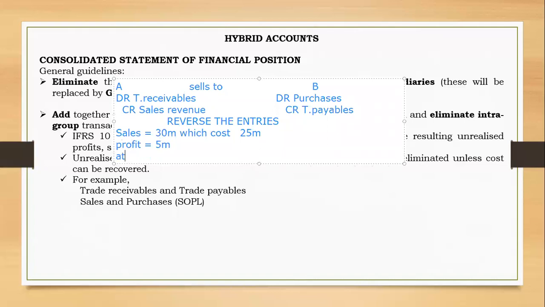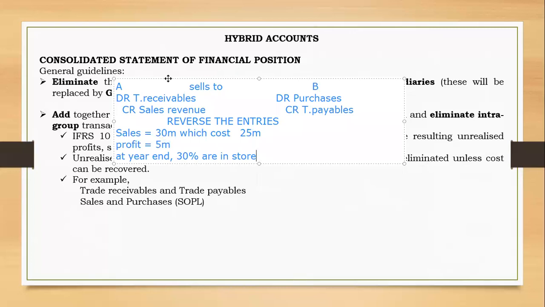But you are told that at the year end, let's say 30% of goods are still in store. If 30% are in store, what does this mean? It means that of the 5 million profit that A presumed to have earned from B, actually 30% is still in B. And remember, B and A are now one thing.